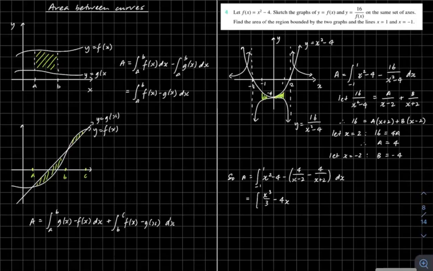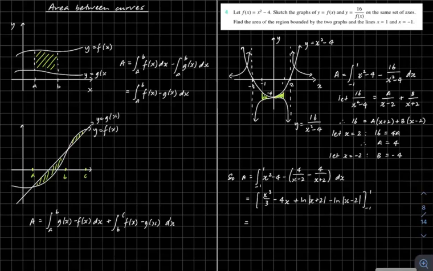So that would be plus ln of x plus 2 minus ln of x minus 2, between negative 1 and 1. So we could actually combine those two logs using our log laws into a single log. It would be the natural log of x plus 2 over x minus 2.